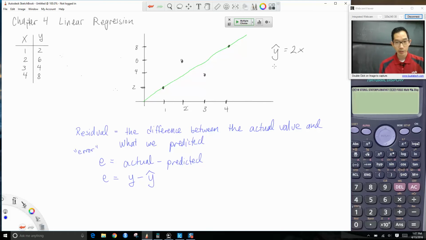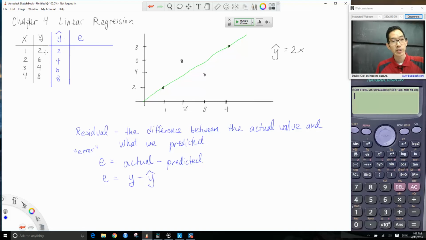And so we said if we're going to use this as our prediction, y hat when x is 1 is going to be 2, 4, 6, and 8. Okay? And then we can look at the error between the actual value and what we predicted.